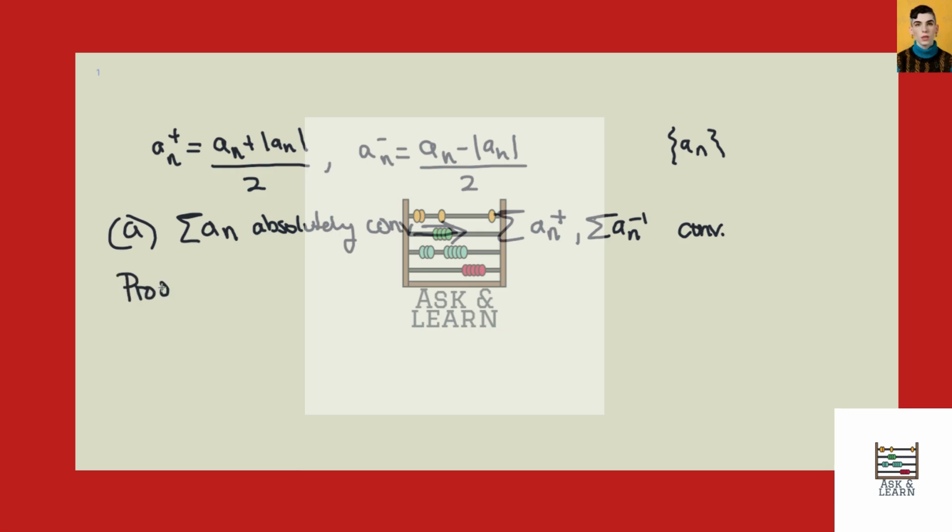The proofs will be very similar in part A of both of these facts. Starting with the first series, just use the definition of a_n plus up here to rewrite our nth term. I'll go a step further and split up these fractions.